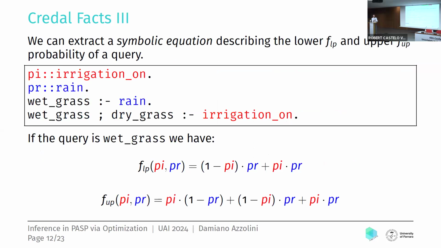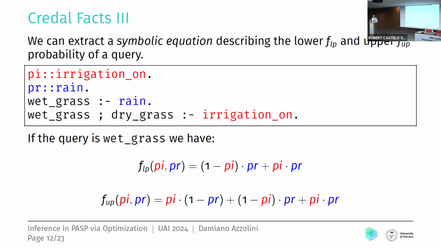So we can compute the probability of a query. Again, how? As before, we multiply the probabilities of the probabilistic facts and we sum over the worlds. This time, we do not obtain a probability value, but rather an equation that describes the computation that must be carried out to compute the probability.